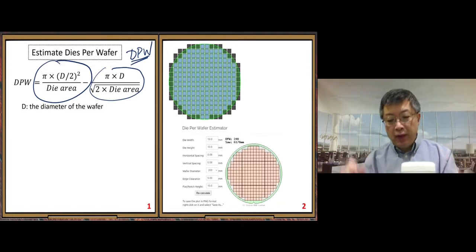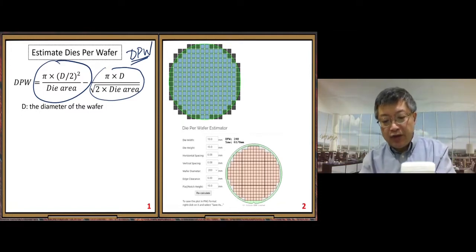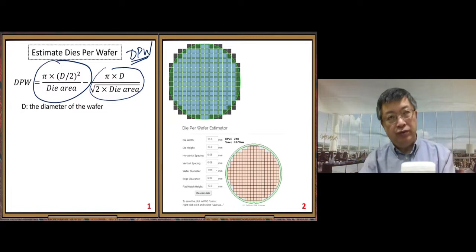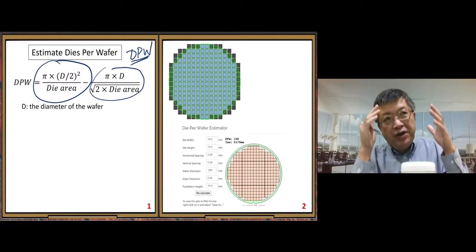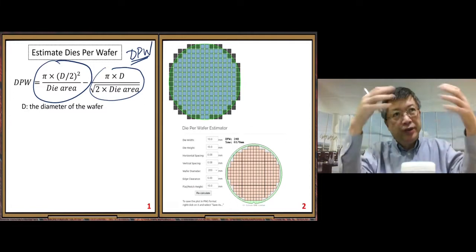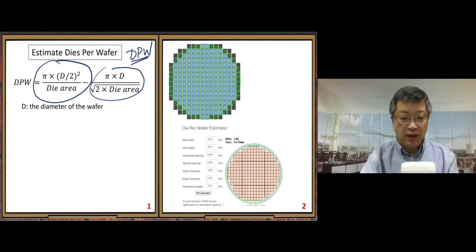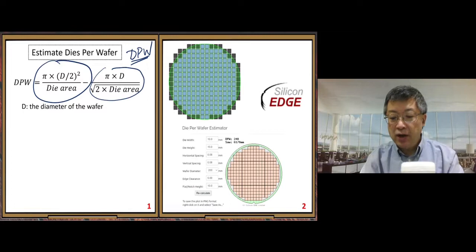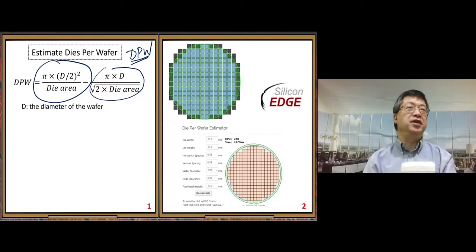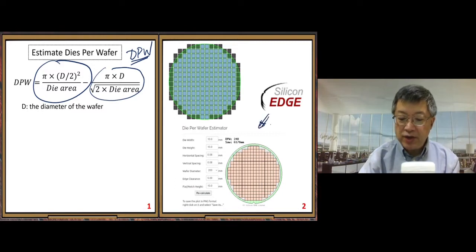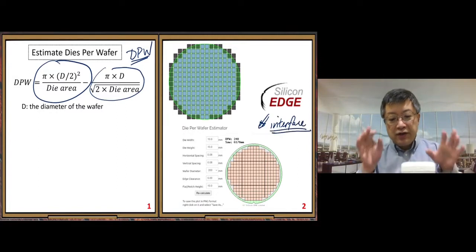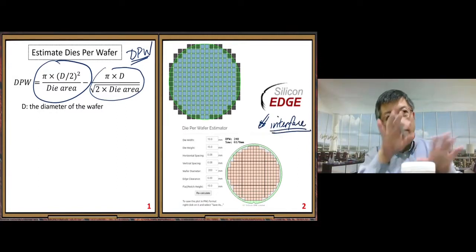Here there is an online tool that can be used. People can use this tool to do the estimation. This one is from a website called Silicon Edge. When you go there, this is the user interface. You can set the parameters, default parameters.